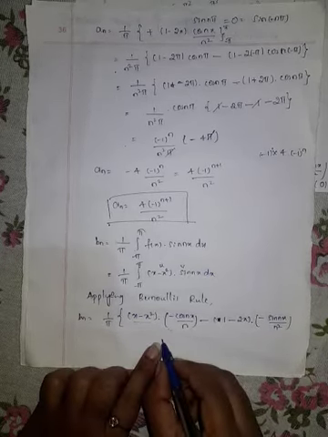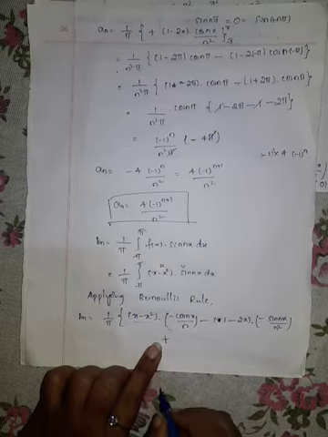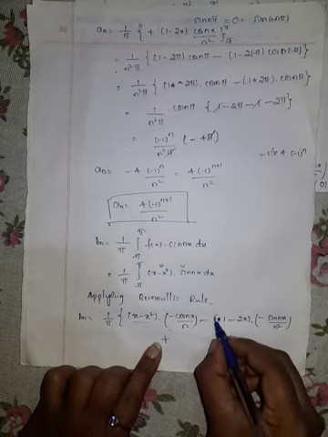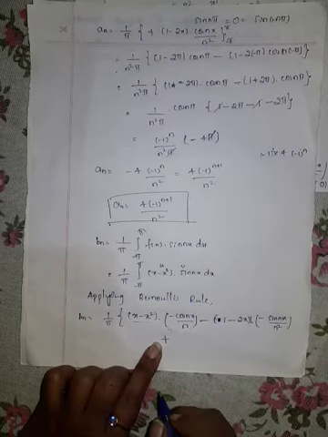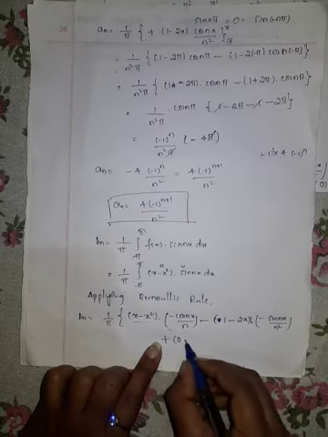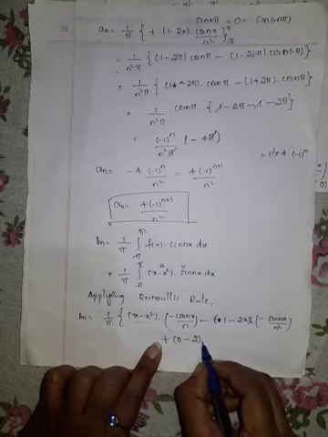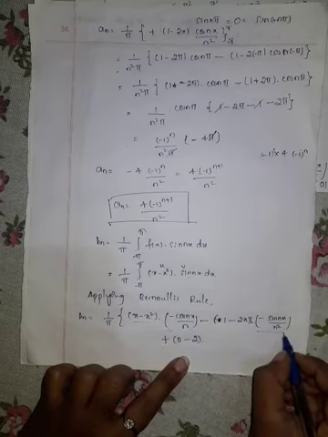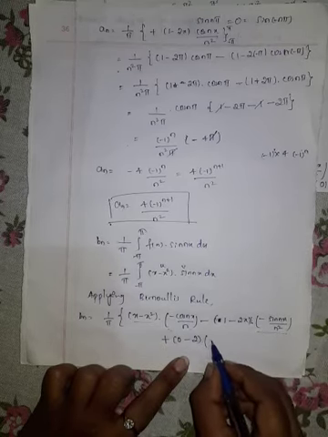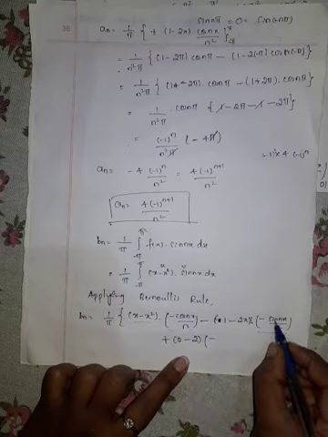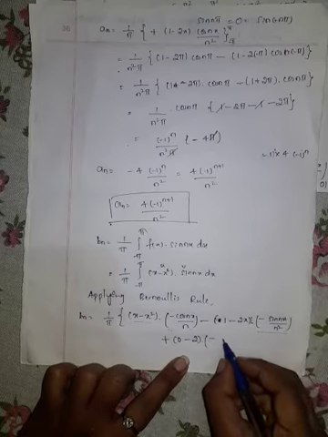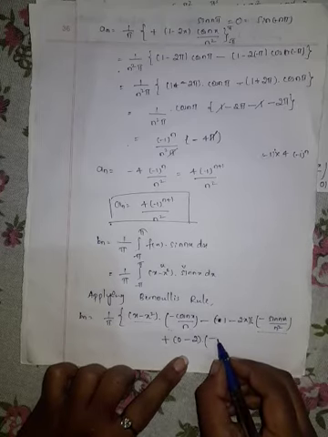Next, alternate sign plus. Differentiation of this 1 minus 2x is 0 minus 2. Integration of this term. So here we have minus sign. Integration of sin nx is minus cos nx by n.